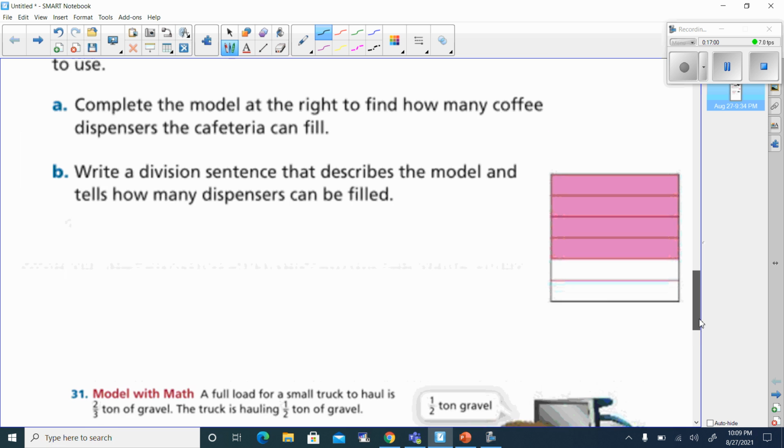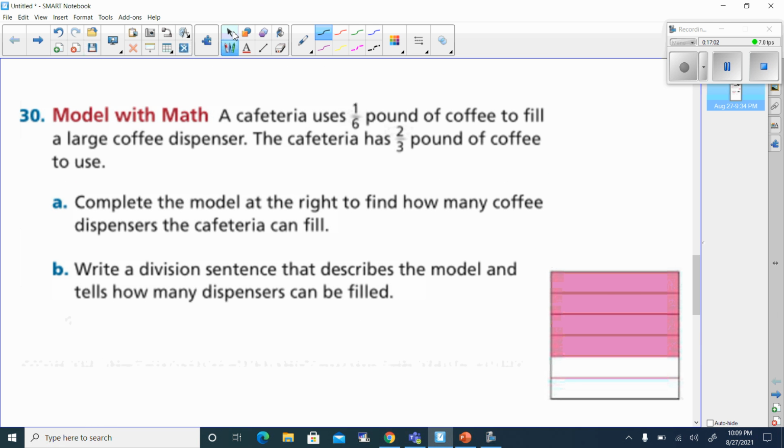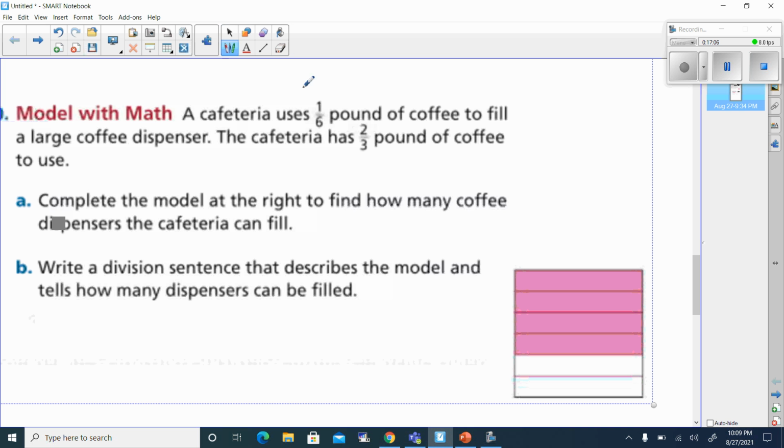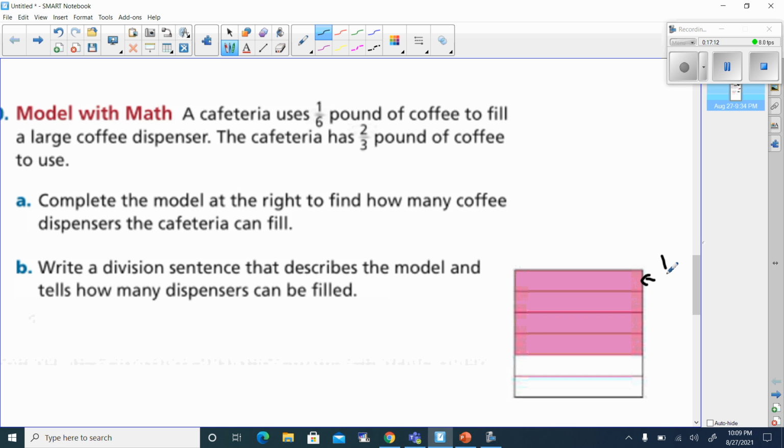I thought that might be my last one, but I might have a little more after this. Okay, and this would be 1/6. All right, this would also be 1/6. All right, this would also be 1/6. Okay, tells me we're probably going to have 4.